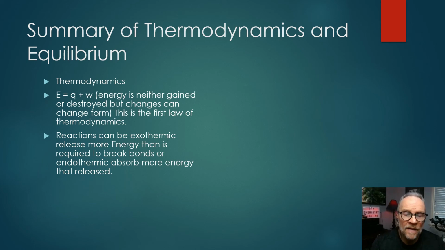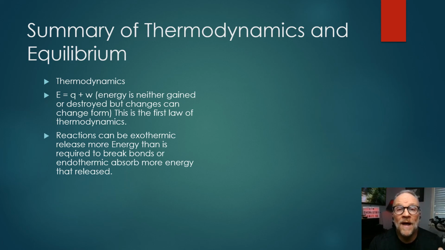And we said that if the reactions are exothermic, we gave them a designation of Q is equal to a negative value, or delta H is equal to a negative value, which means that the heat is leaving the system into the surroundings. And so in those types of systems, the energy that is created when the bonds form is greater than the energy required to break the bonds.